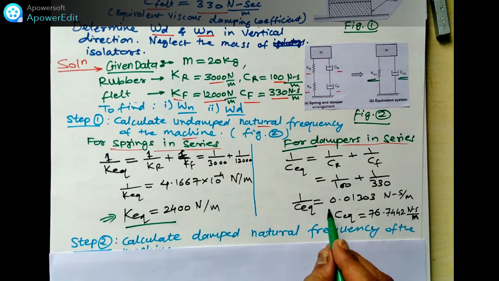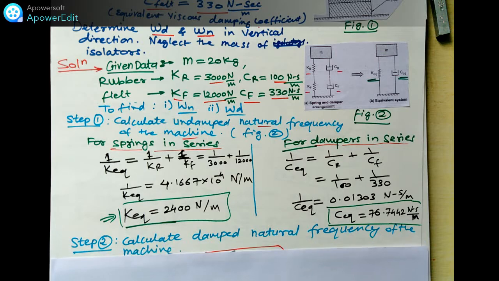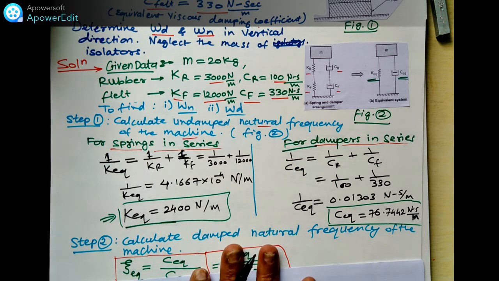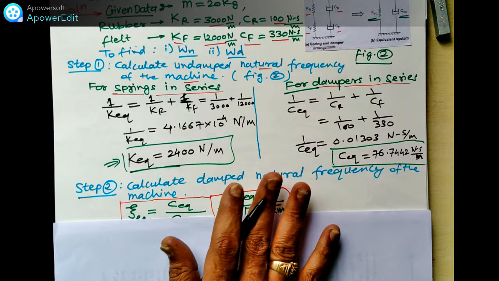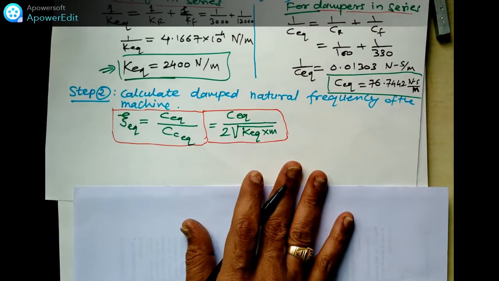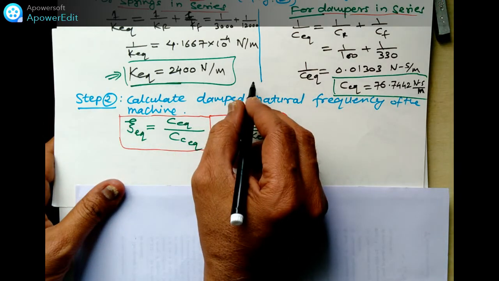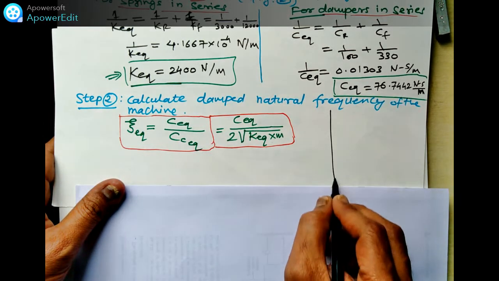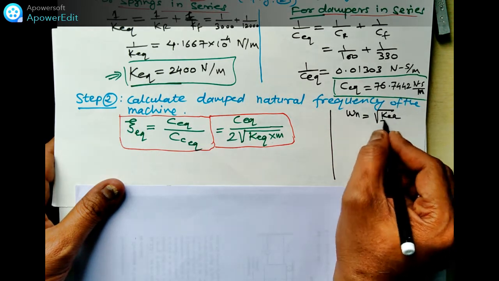So this is the value of C equivalent, and K equivalent we have already calculated. Now we can find the natural frequency using the formula omega n equals under root of K equivalent by m.